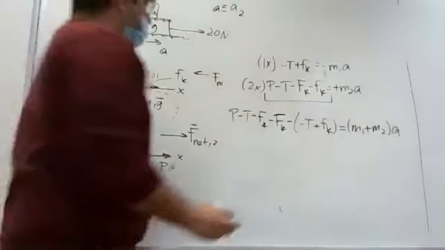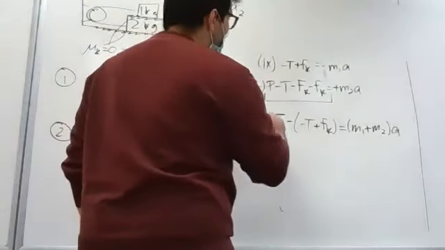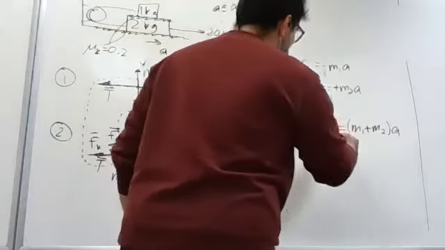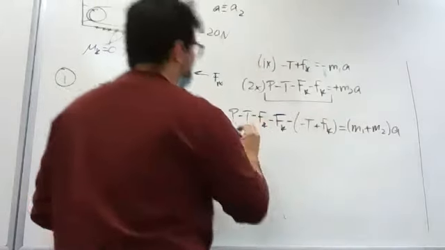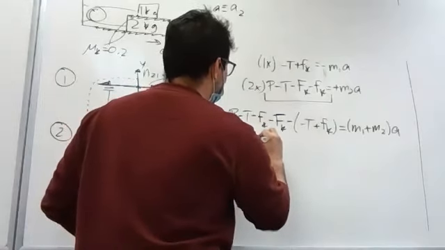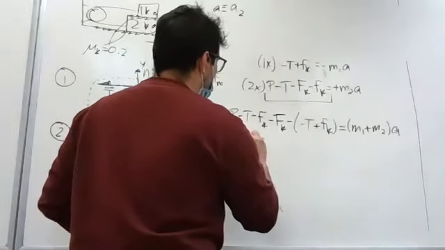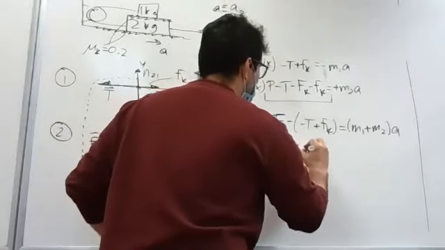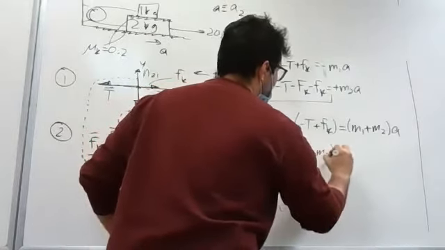So the T's cancel. So it's P minus T minus little fk minus big fk plus T minus little fk, and so the left part turns into P minus 2 fk minus big fk equals the sum of the masses times a.